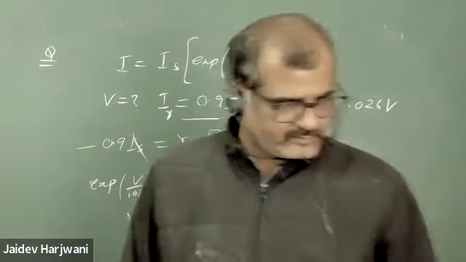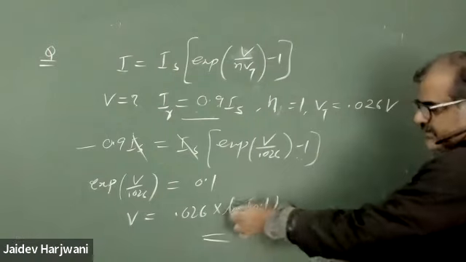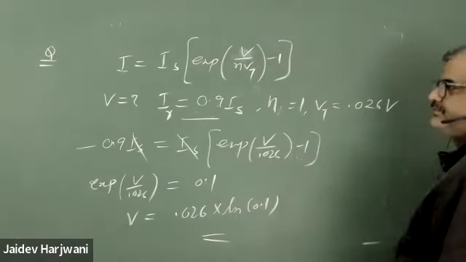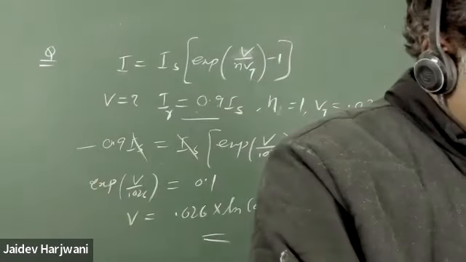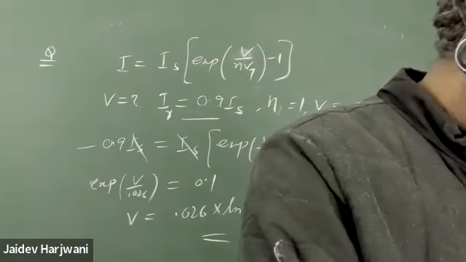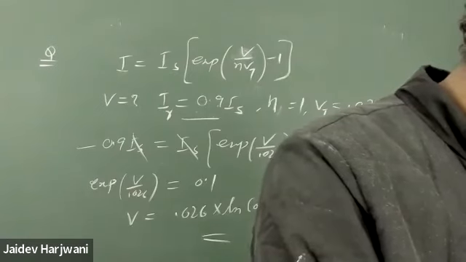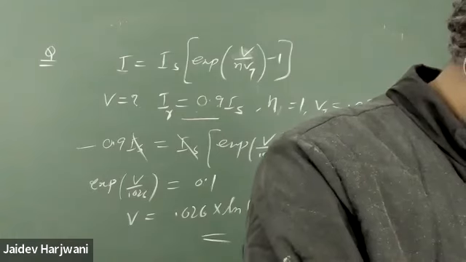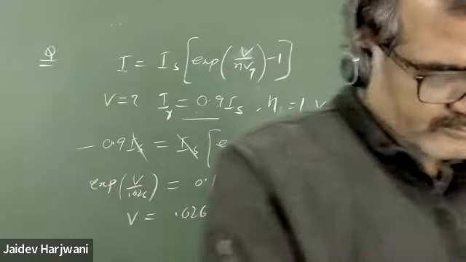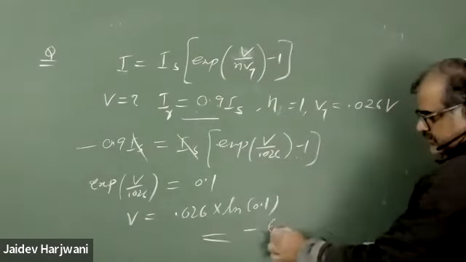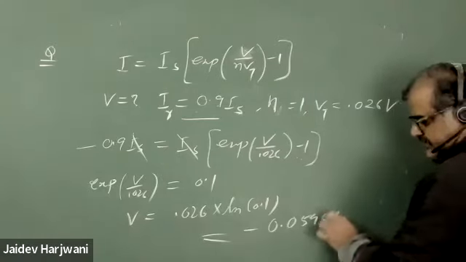How much is the voltage coming? Now, since it is 0.1, the answer will come negative: minus 0.05986. Others also can check.